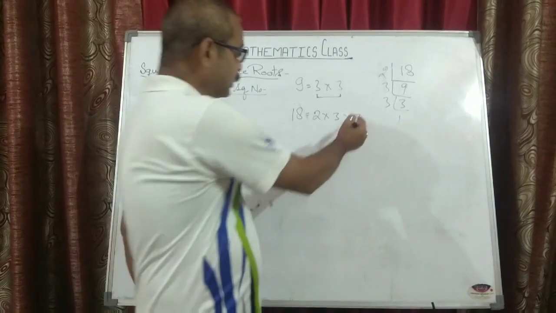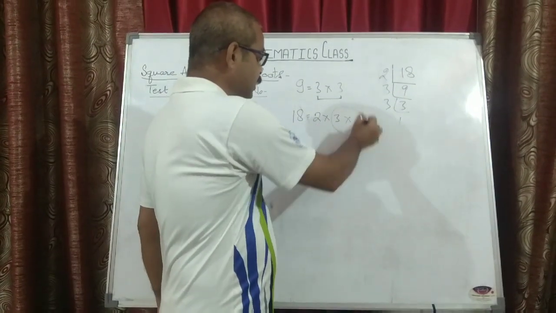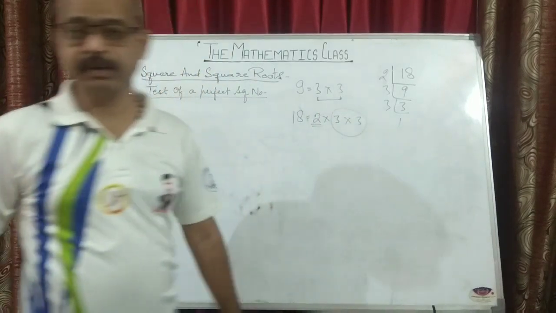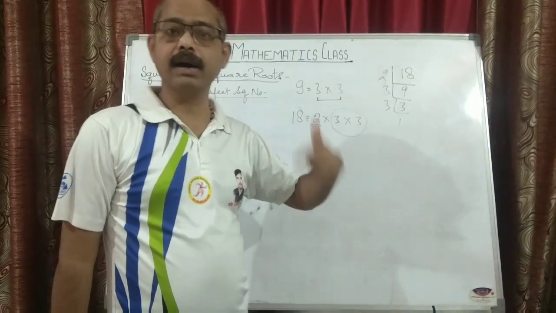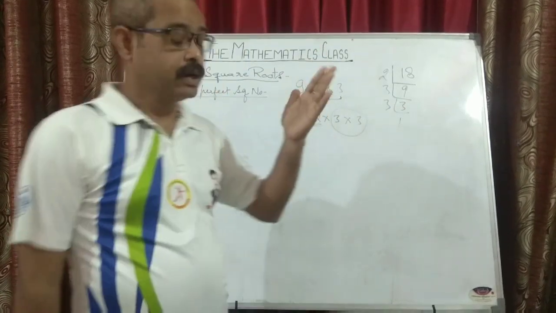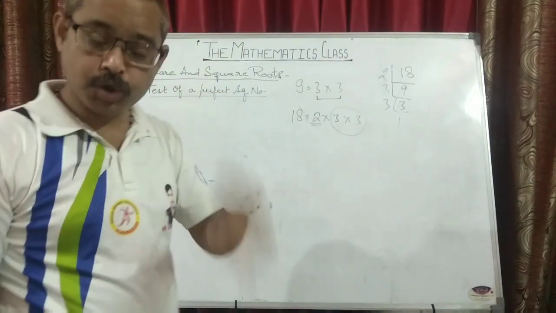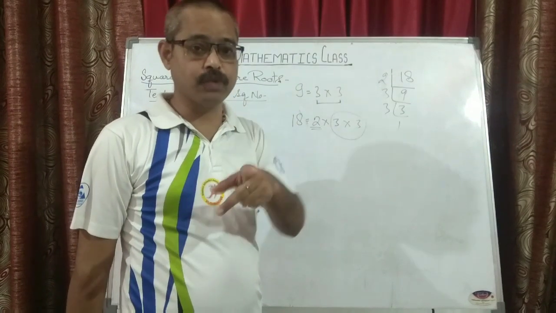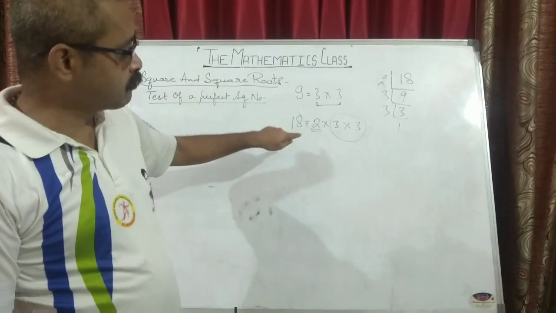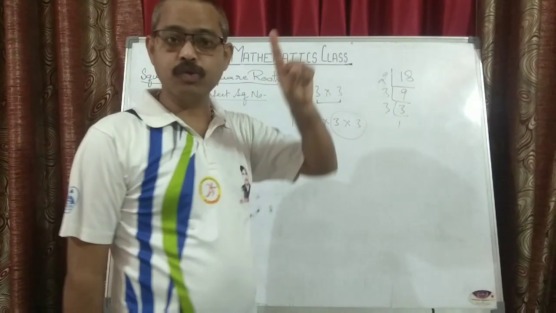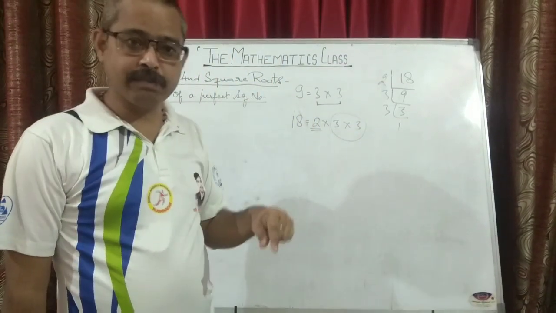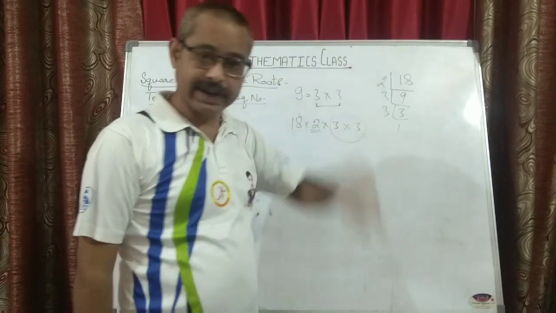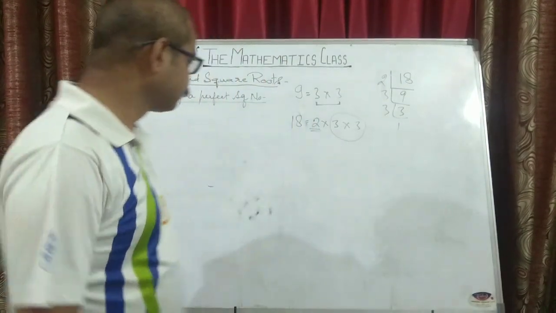Now you can see that the 3s are in pairs but 2 is not in a pair. It means 18 is not a perfect square. Now the question can come in these two forms also: what should be multiplied to 18 to make it a perfect square, or by which number should 18 be divided to make it a perfect square?